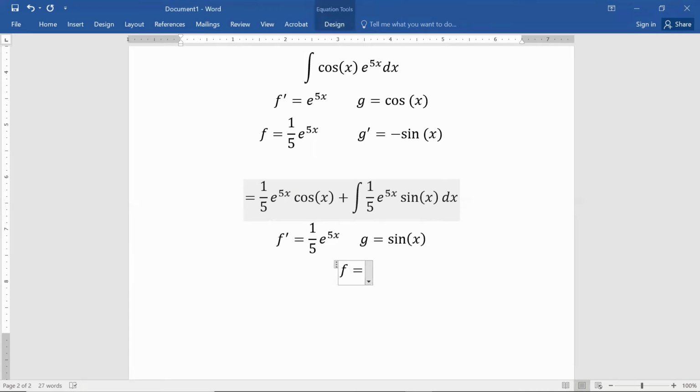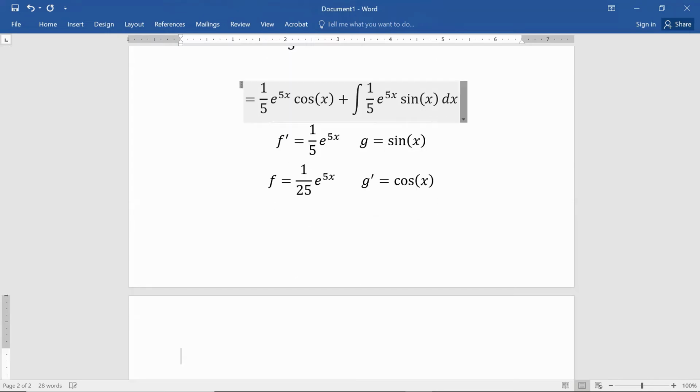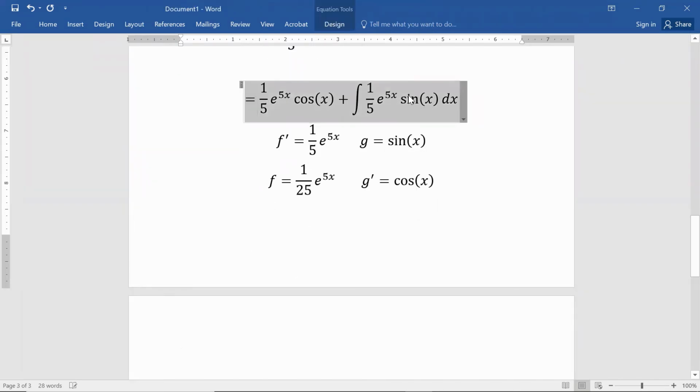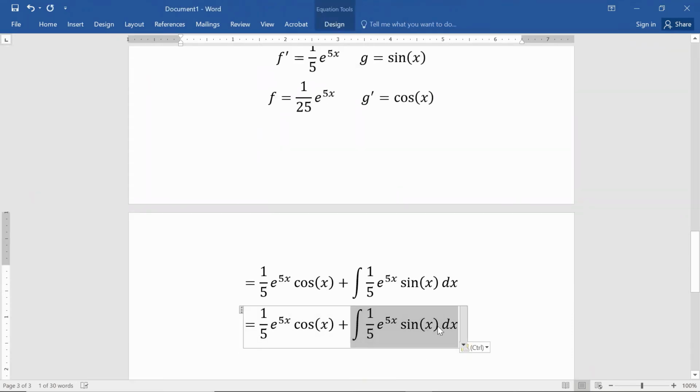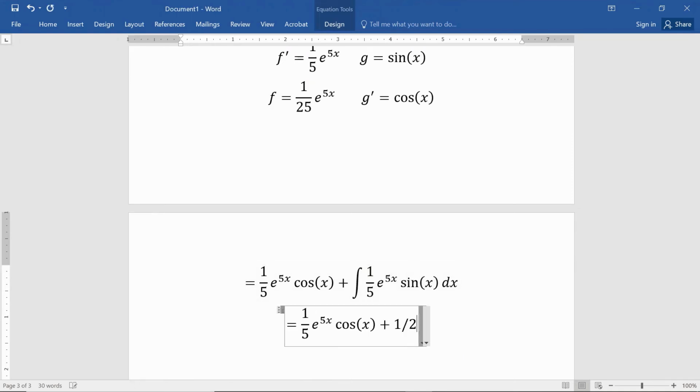That means an antiderivative of 1/5 e to the 5x would be 1 over 25 e to the 5x. The derivative of g is a positive cosine. This integration therefore becomes the same thing, but we were going to replace this integration piece with f times g minus integrate f times g prime.